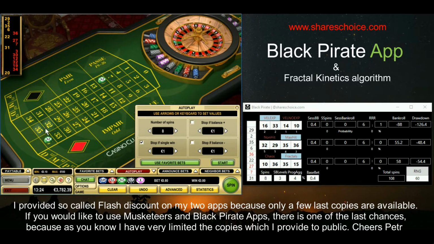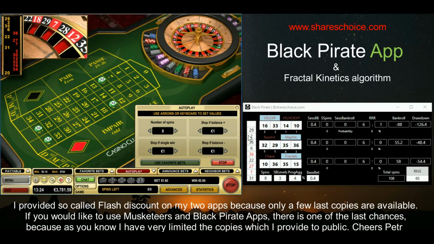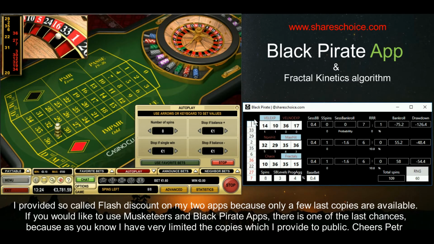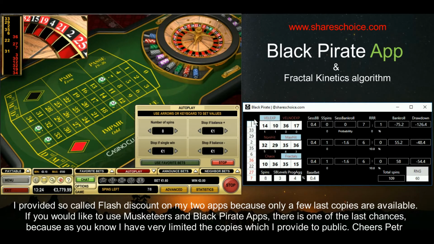Of course, nobody can guarantee that once you increase your base bet, let's say to 2, you will immediately win. But based on probability, it's very likely this will be the case, and you will cover your loss, reset your base bet from 2 to 40 cents and continue with the bankroll growth. This is exactly the best approach and strategy which works for me.